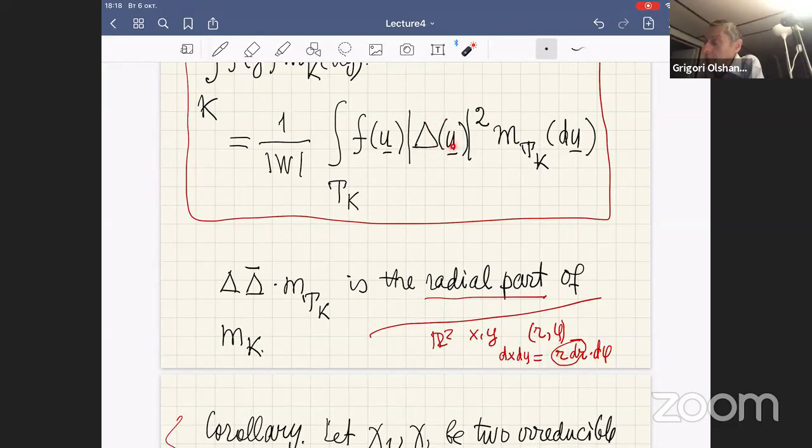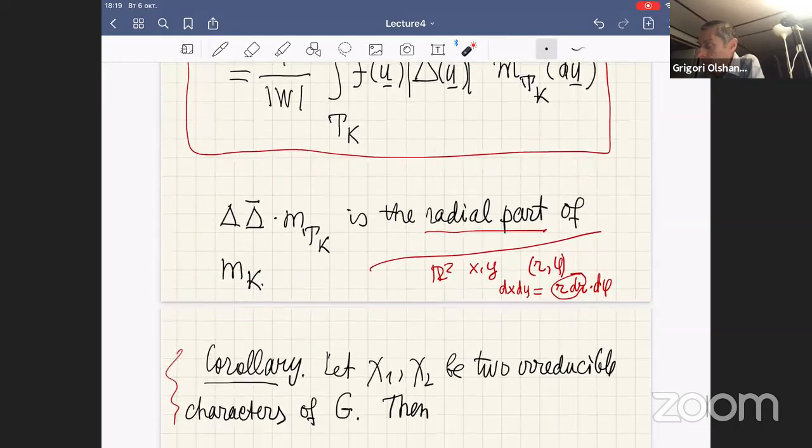So this is some analog of this r. And the angular component disappears, because if you want to integrate a rotationally invariant function, we don't need it. So this is some analog of polar coordinates on the compact Lie group. So this is a fundamental formula.